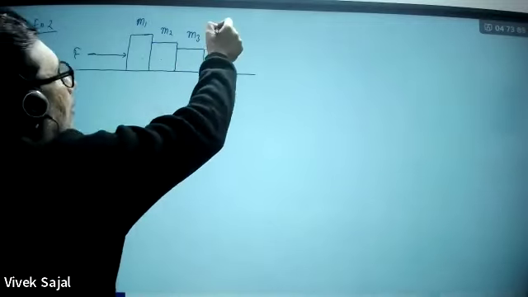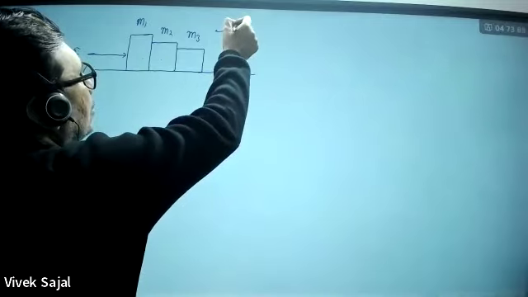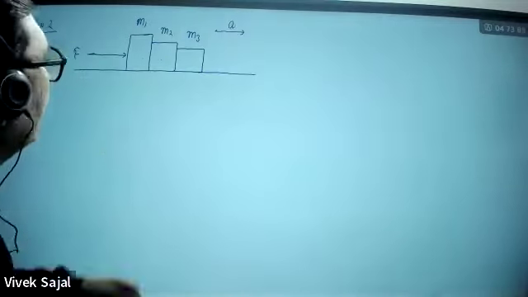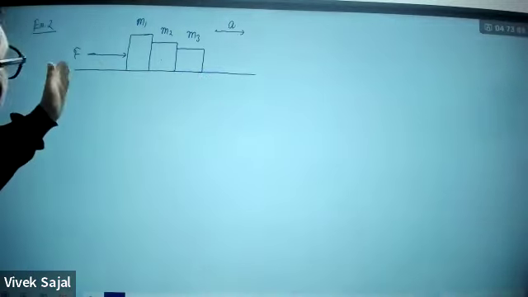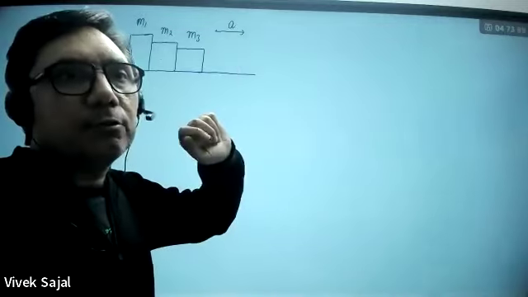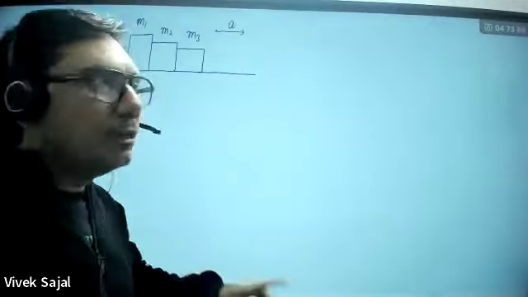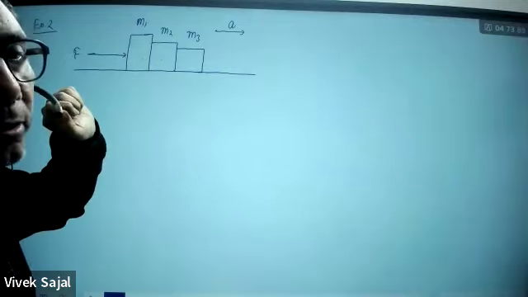Second, these 3 blocks together are going to move as a result of the force applied, and their acceleration is suppose A. So you have to find out the acceleration. You have to find out the normal reaction acting between these blocks.